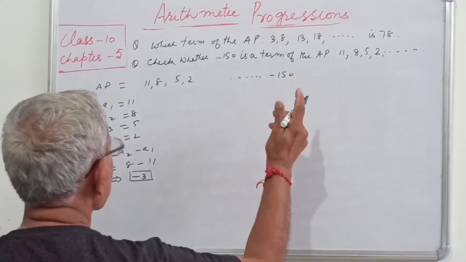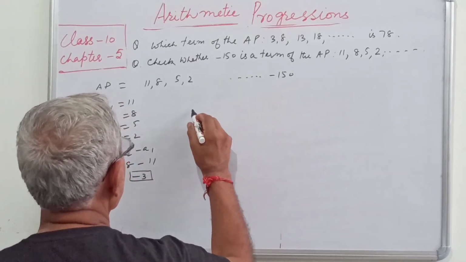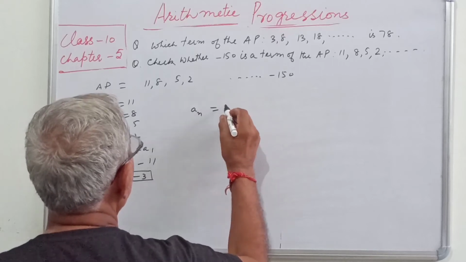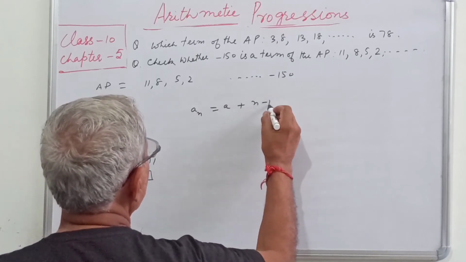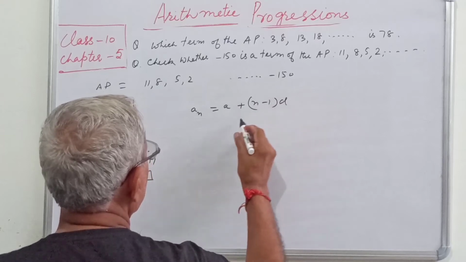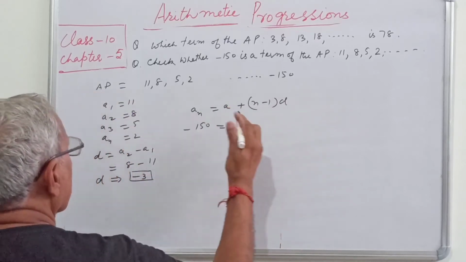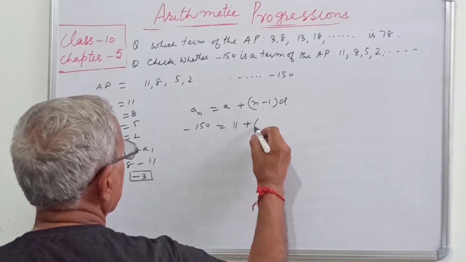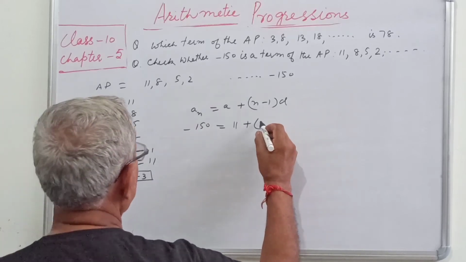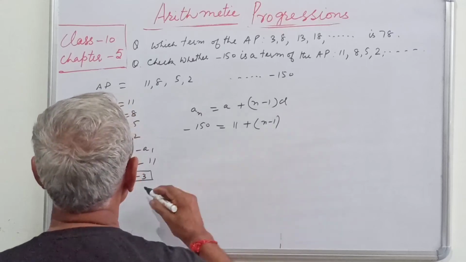So another term given here is minus 150. So AN will be equal to A plus n minus 1 into D. So minus 150, A here is 11, n minus 1, and D is minus 3.